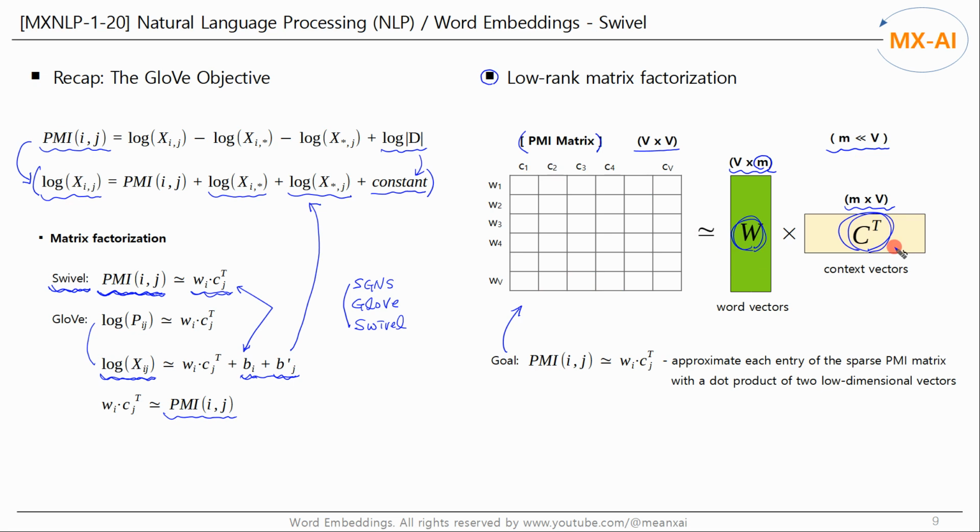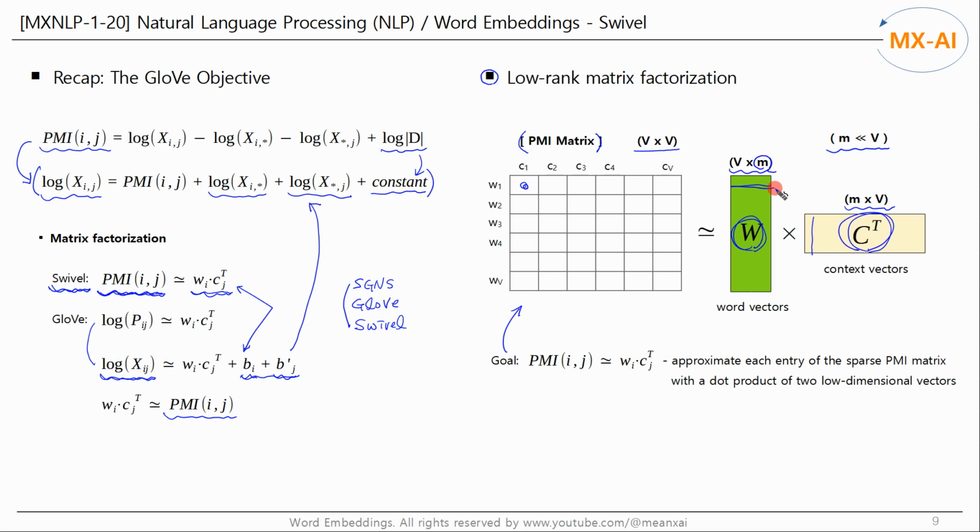Instead of storing every value in the original PMI matrix, we represent each word with a low-dimensional embedding vector. The dot product of these vectors then approximates the corresponding PMI value. Rather than memorizing a massive matrix, we compress its essential structure into a compact vector representation.